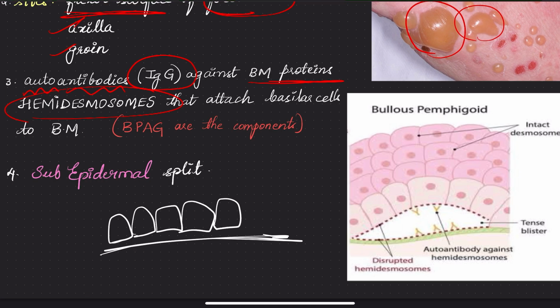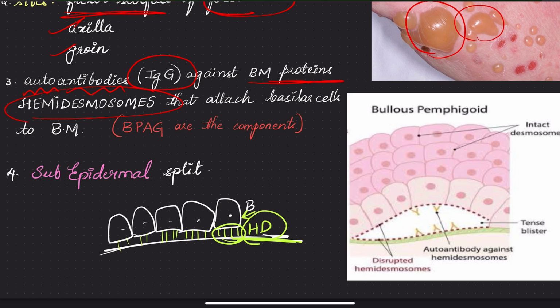These basal cells are attached to the basement membrane with the help of hemidesmosome proteins. These are the hemidesmosome proteins that bind the cells of the basal layer to the underlying basement membrane.